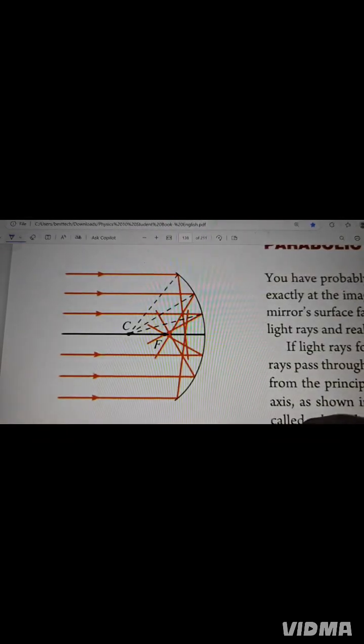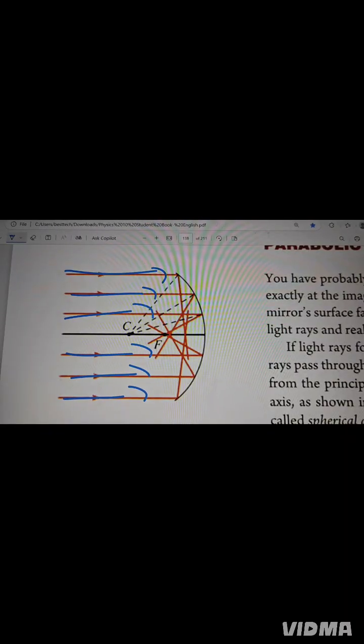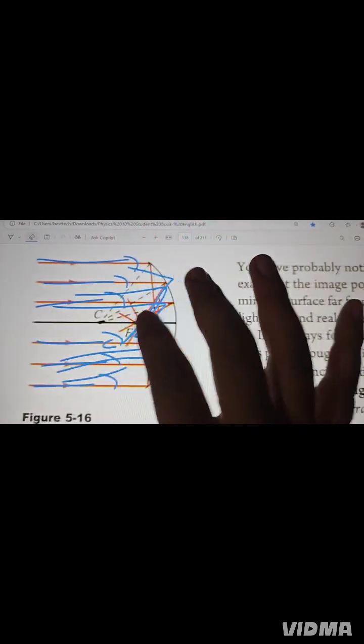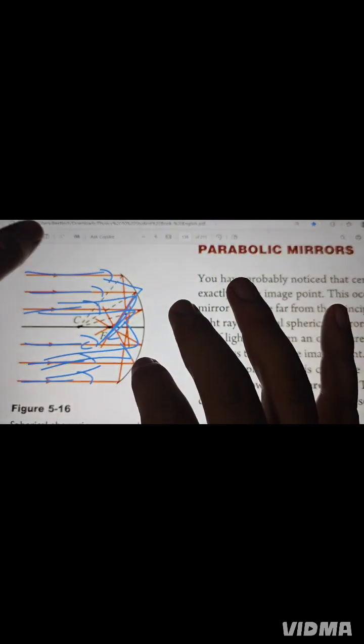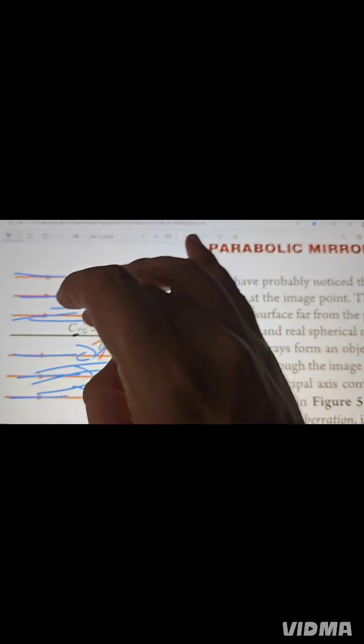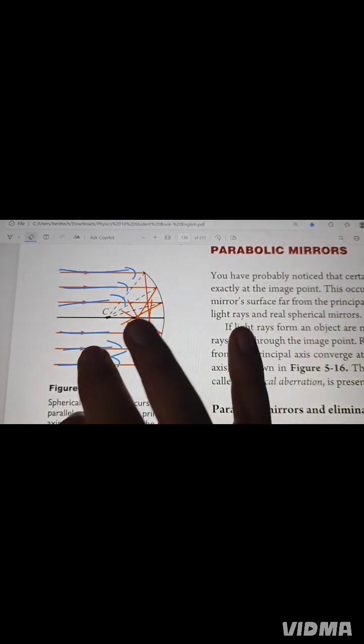When we have a lot of parallel lines, a series of parallel light rays coming together, all of the light reflects back in random directions.